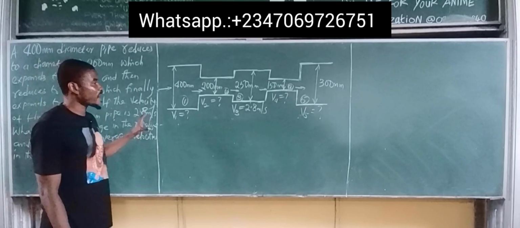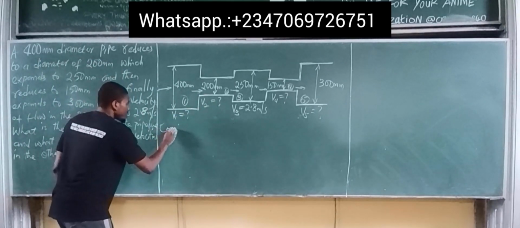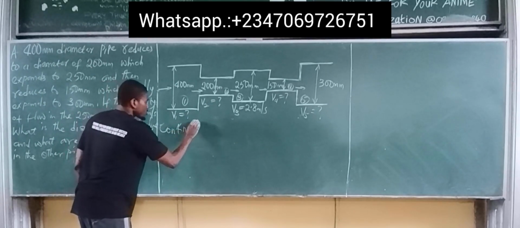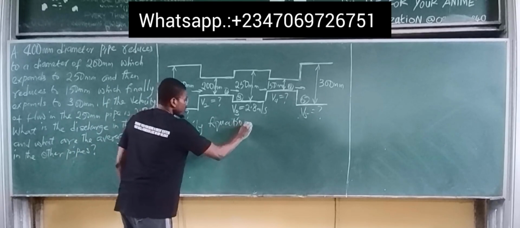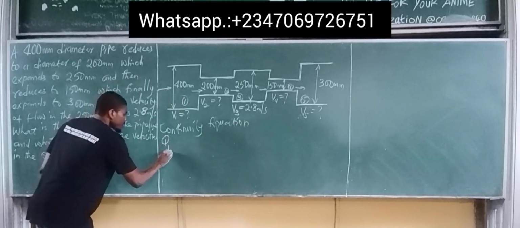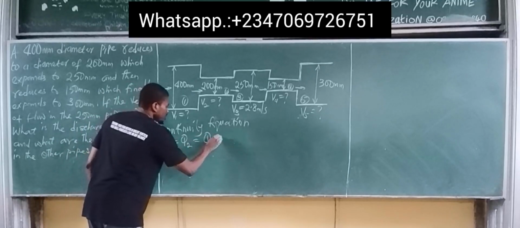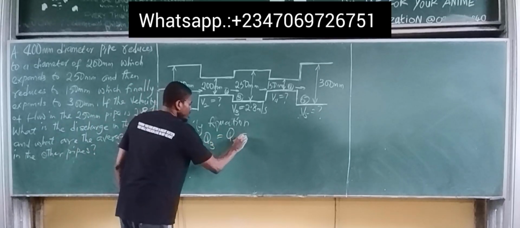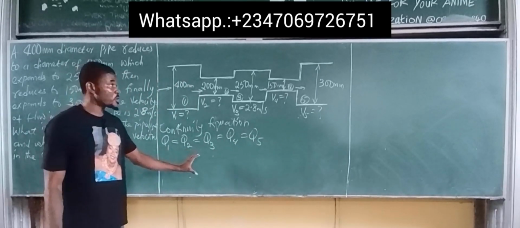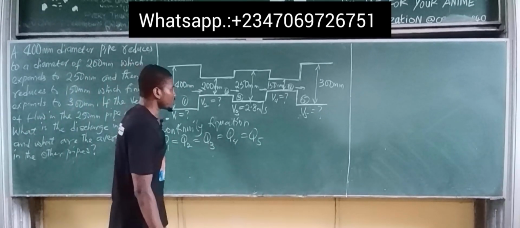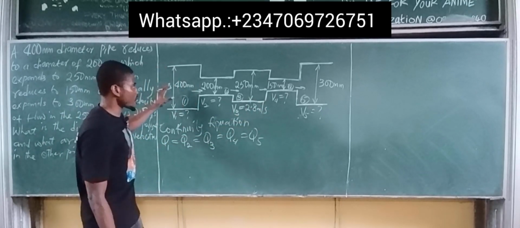So since this pipe is a linear pipe, the continuity equation in this case becomes Q1 equals Q2 equals Q3 equals Q4 equals Q5. So this becomes the continuity equation simply because the pipe is a linear pipe, and of course the flow rate becomes the same.